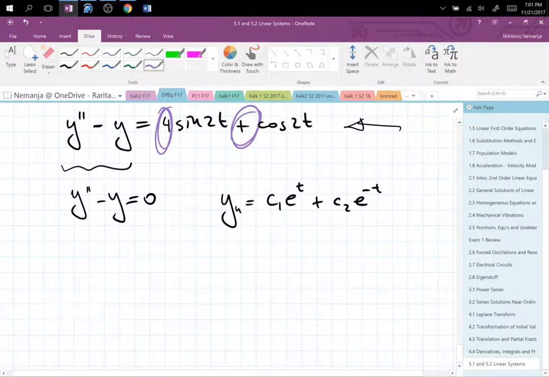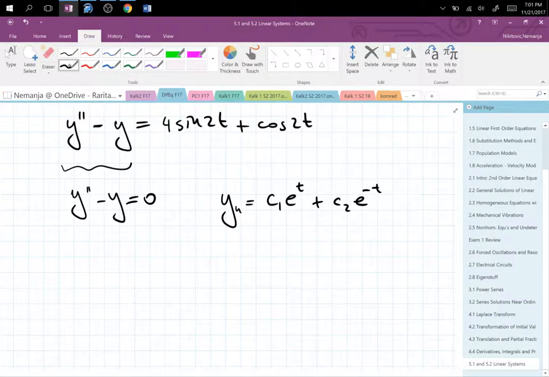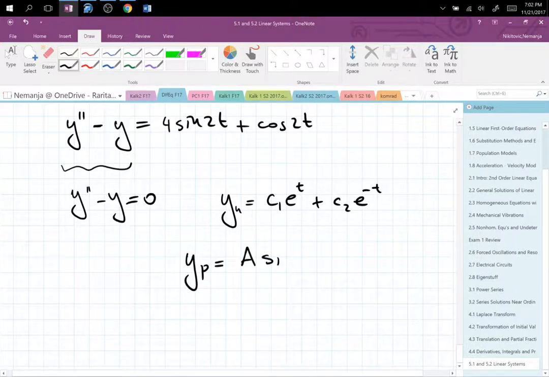So +4 will in the next step change into 8, and then into -16, and the +1 will turn into a -2, and then +4, and so on. So the derivatives give the particular solution yp the form a sine 2t plus b cosine 2t.